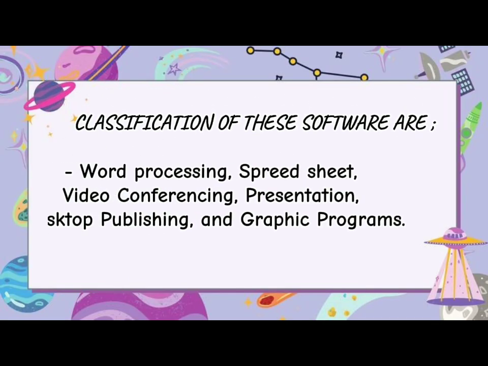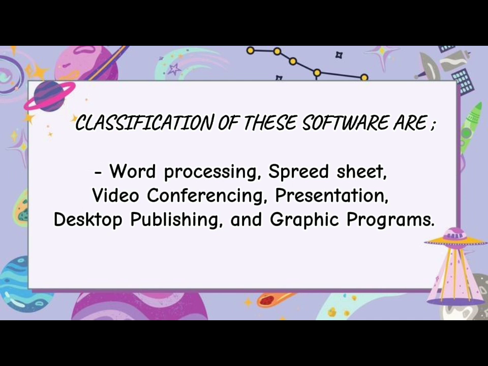So the classification of this software are word processing, spreadsheet, video conferencing, presentation, desktop publishing, and graphic programs. For word processing, the most common is MS Word. But before the arrival of Microsoft Word, we already had WordStar. And then after WordStar, incorporated in Microsoft Office is also Notepad.